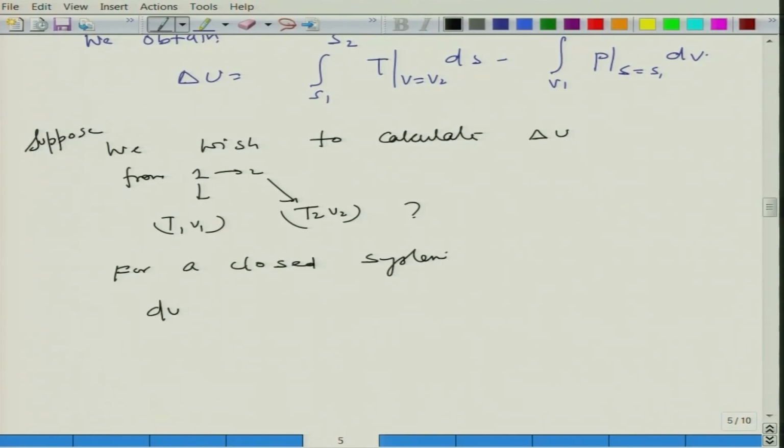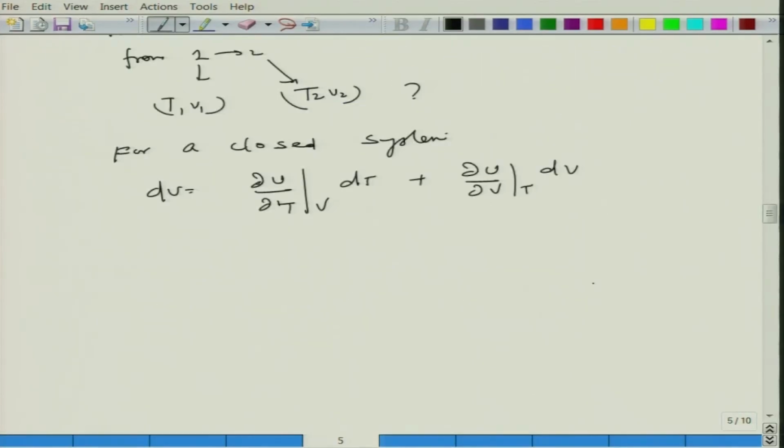I can write du. Now, u is a function of T and V here, because that is how the system is defined. So, I can write du as del u by del T at constant V dT plus del u by del V at constant T dV.